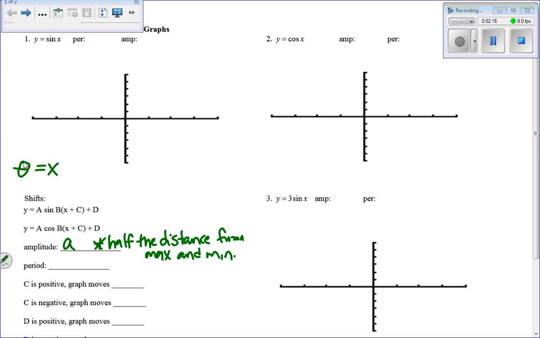Your B value, that's your period. So it's how long it takes your entire graph to go through one cycle.